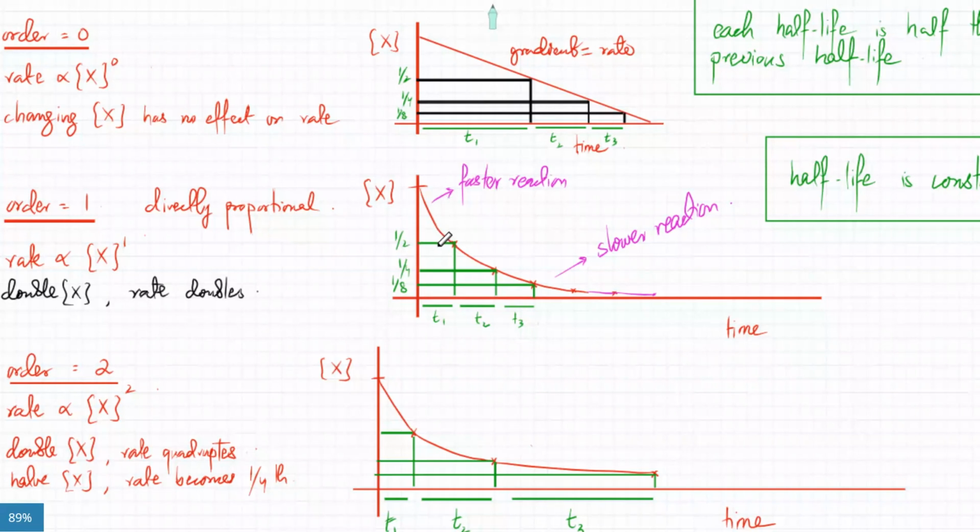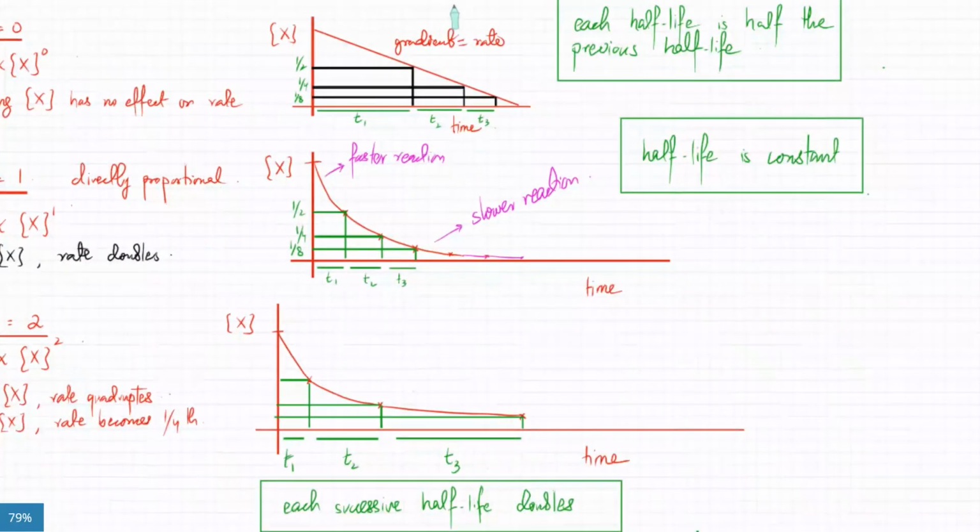In order 1, the half-life remains constant. For the first time the concentration decreases by half, it takes this much time, T1. Second time the concentration decreases by half, it still requires the same amount of time. The third time when the concentration decreases by half, it still requires the same amount of time. So the half-life in this case is constant.